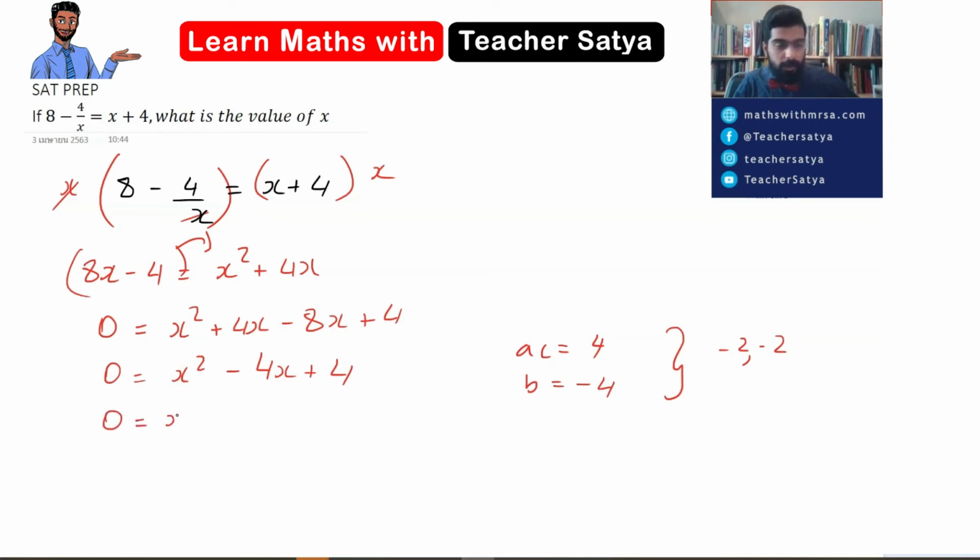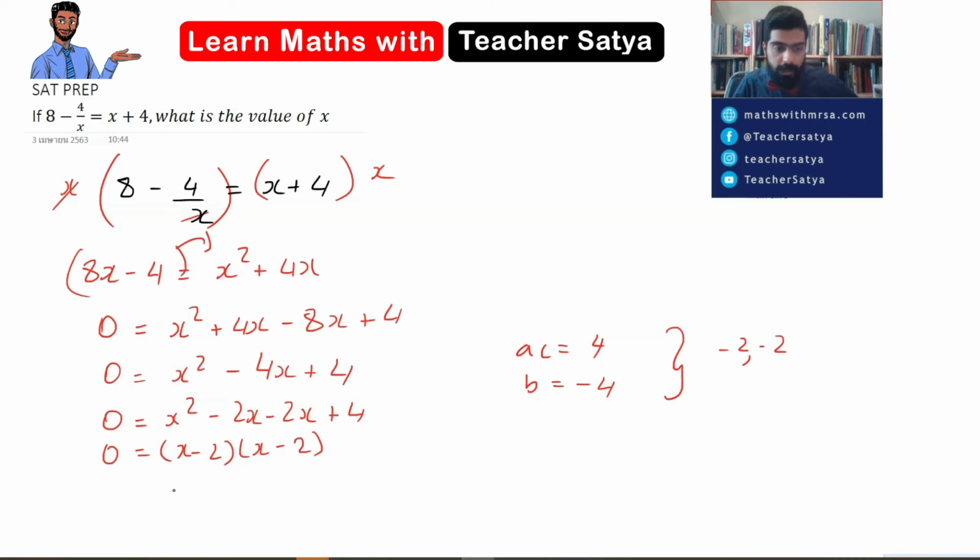So 0 is equal to x squared minus 2x minus 2x plus 4, or we can also write this as x minus 2 times x minus 2, right guys? In this case, we see that all of this is equal to 0, and we see that both of these are the same.